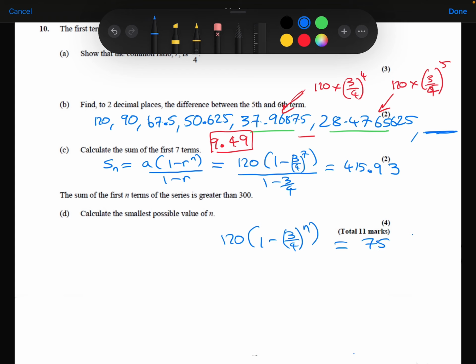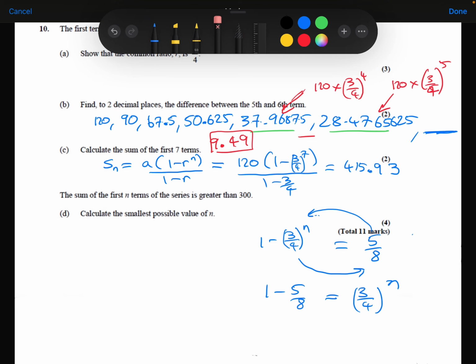I'm now going to divide both sides by 120. 75 divided by 120 will simplify to be 5/8. I am now going to rearrange, so I'm going to move the 3/4 to the power n over here and the 5/8 over there. So 1 minus 5/8 is equal to 3/4 to the power n. The 1 minus the 5/8 is 3/8.